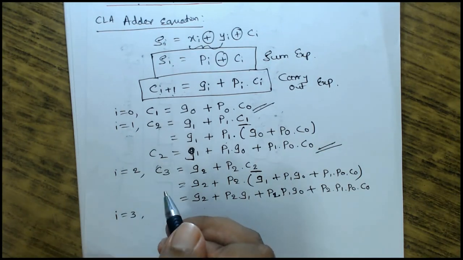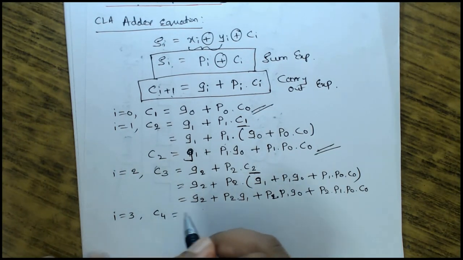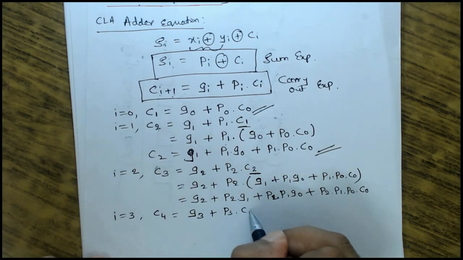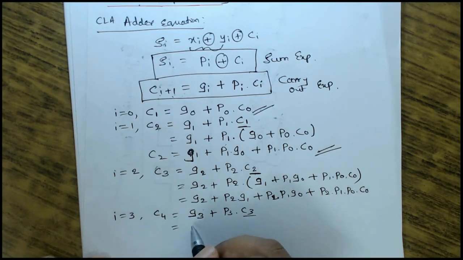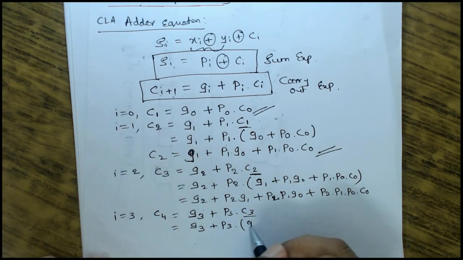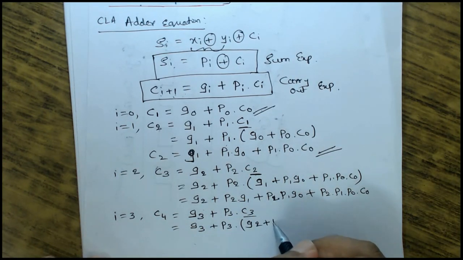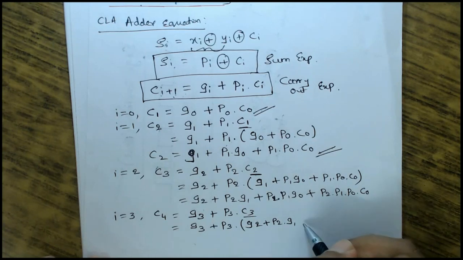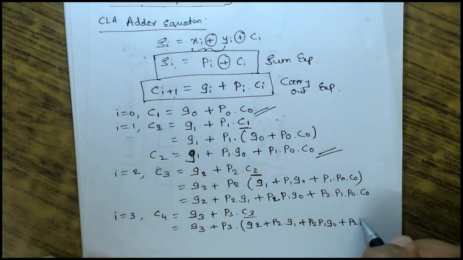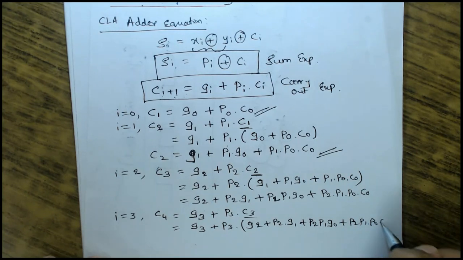It will result in C4 is equal to G3 plus P3 dot C3. So in place of C3, what am I supposed to write? Just copy it down from the above expression: G2 plus P2 G1 plus P2 P1 G0 plus P2 P1 P0 C0.